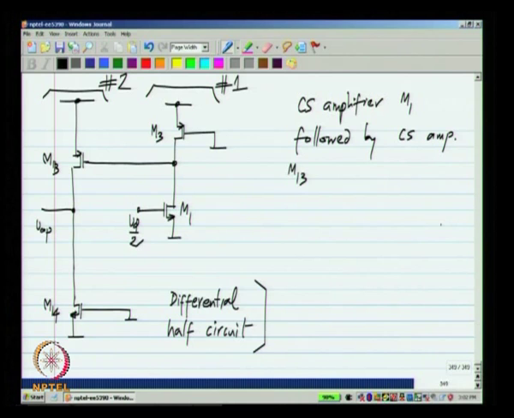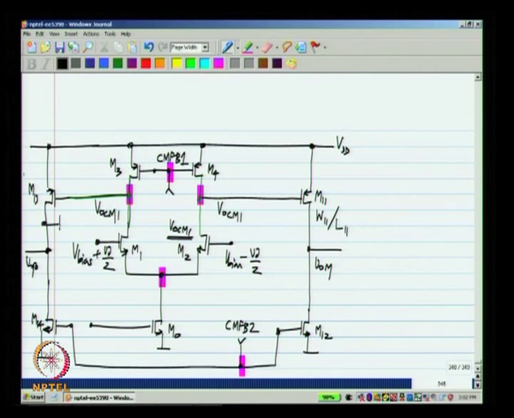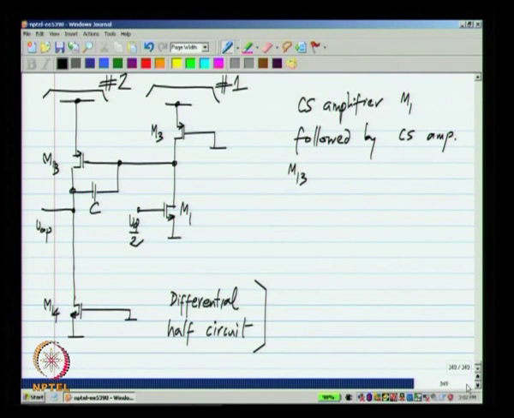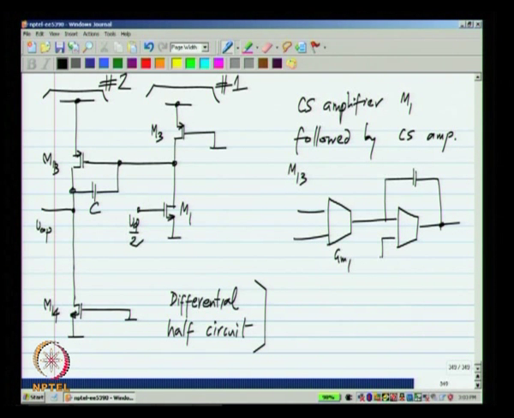Okay. Now, to make a two stage op amp, we need to have the integrating capacitor here that I did not show earlier. So, that is there in the complete circuit, it will appear here and there. Okay. Now, in terms of transconductors, the single ended two stage op amp looks like that. This is GM1 and that is GM2.